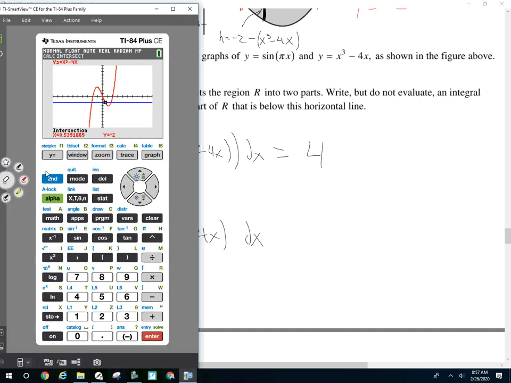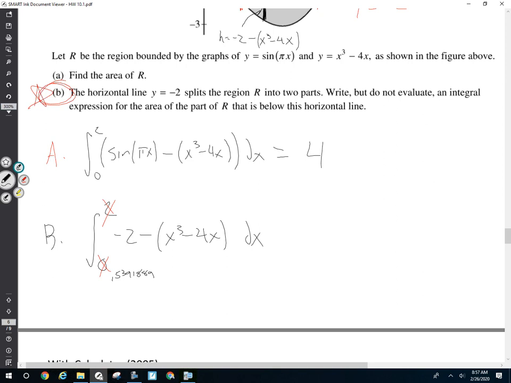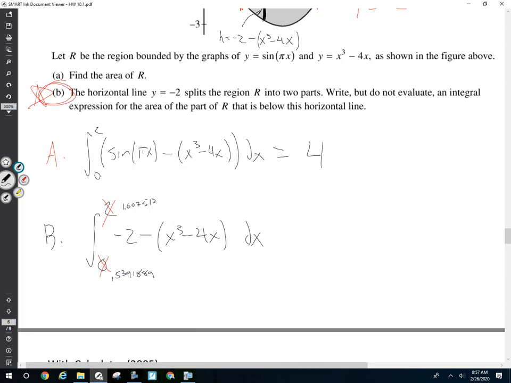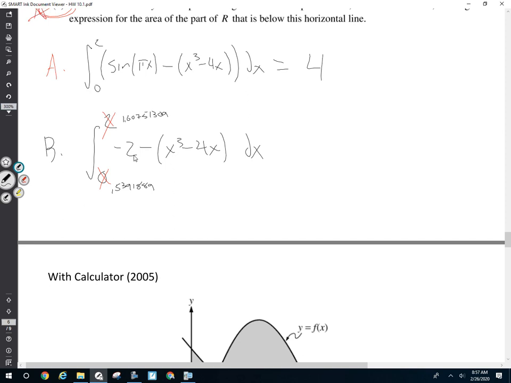And then second calc, my other intersection over there, 1.675130. All right, that's it.